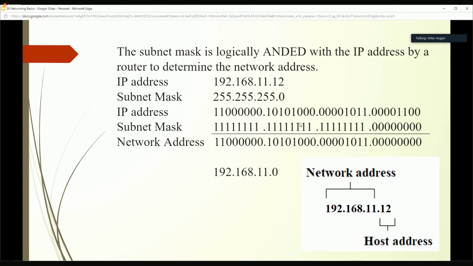All the bits here, 168. All the bits here, because they're all ones, 11. None of the bits here. So that subnet mask of 255.255.255.0 tells me of this 192.168.11.12, the first 3 octets are the network bits, and these last 8 are the host bits. Now, what we talked about were the default subnet mask.